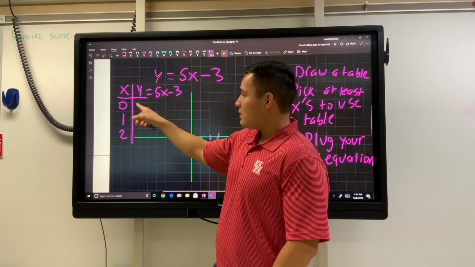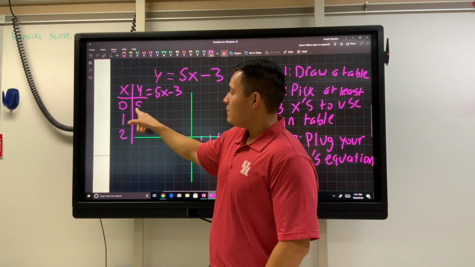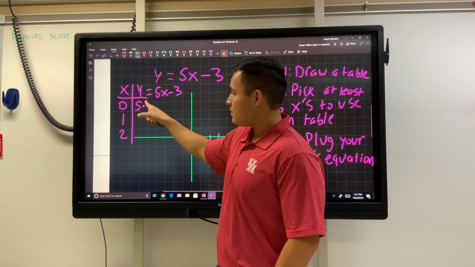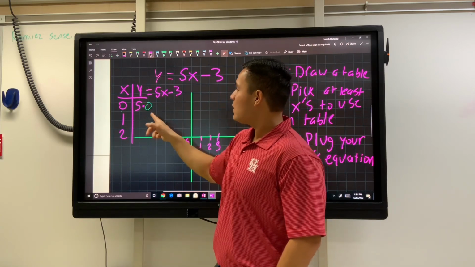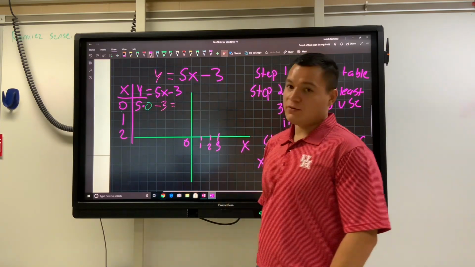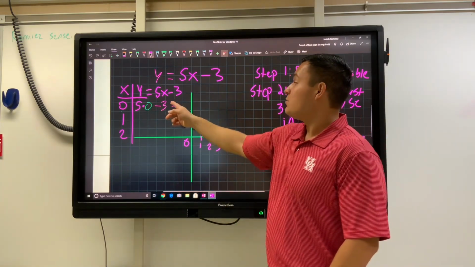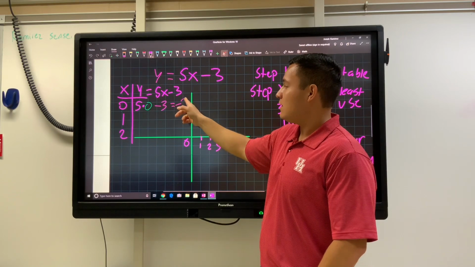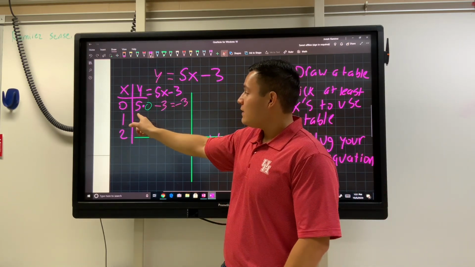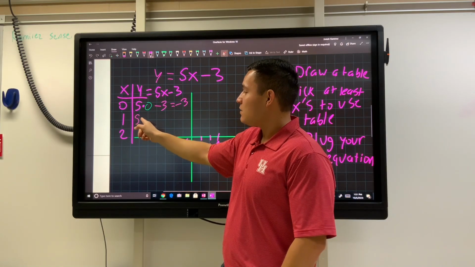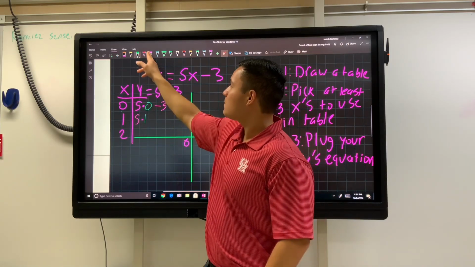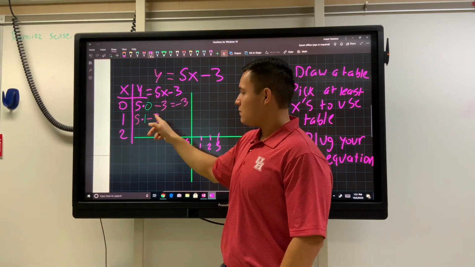All we have to do is do 5 times our number for x, 0, minus 3. 5 times 0 is going to be 0. Subtract 3 from 0 and you get negative 3. Then we just do that again. 5 times whatever we picked for x, 1, minus 3.